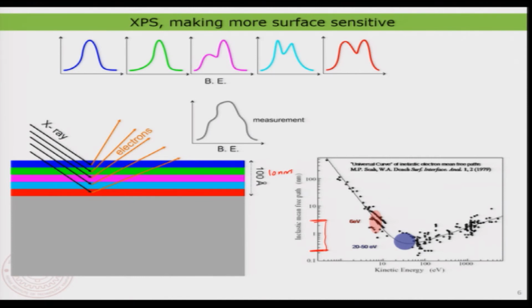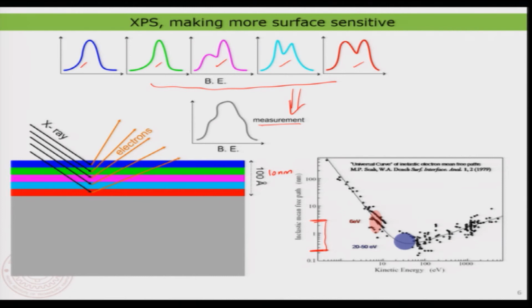What I would have expected from this blue material is this, from the green material is this, from the magenta material is this, from the cyan is this, and the red is this. But what I am actually seeing in the measurement is a sum of all these things together. That is bad. So, if I have a special requirement where I want to measure these kinds of heterostructures, then I need to make the XPS much more surface sensitive.